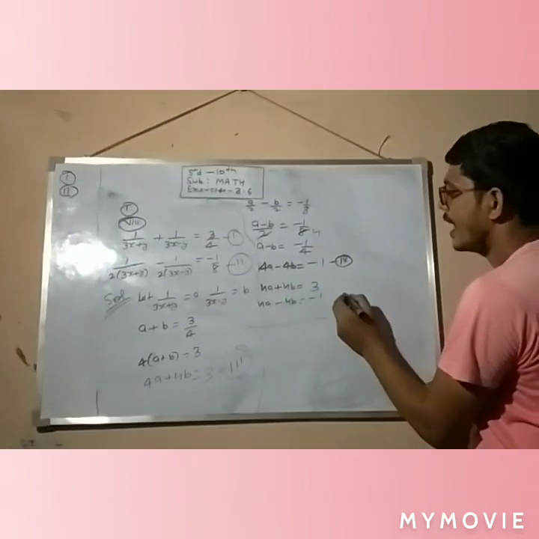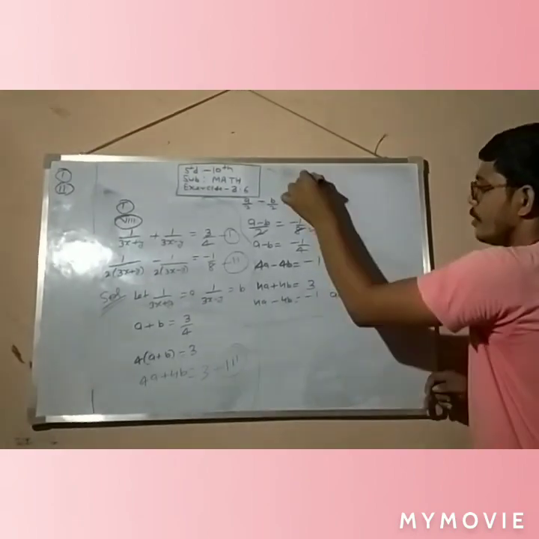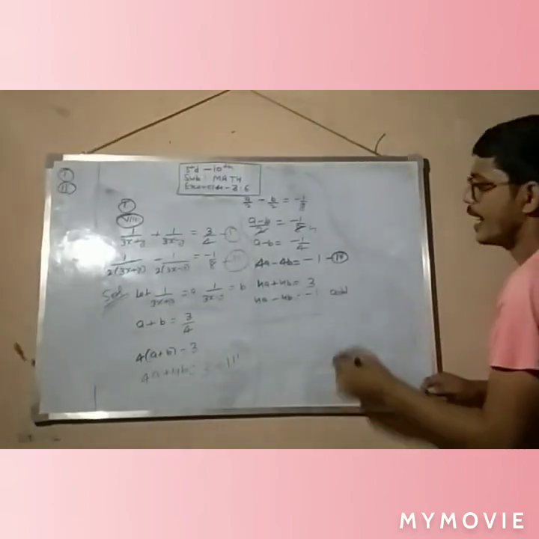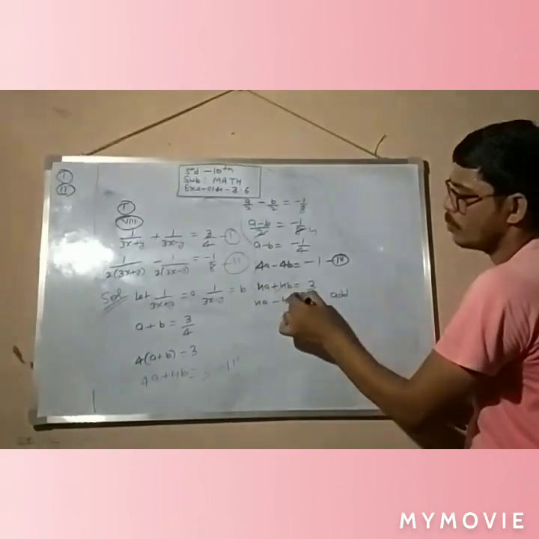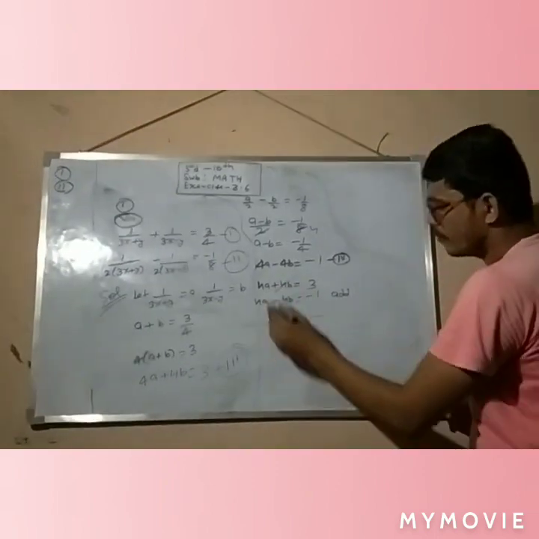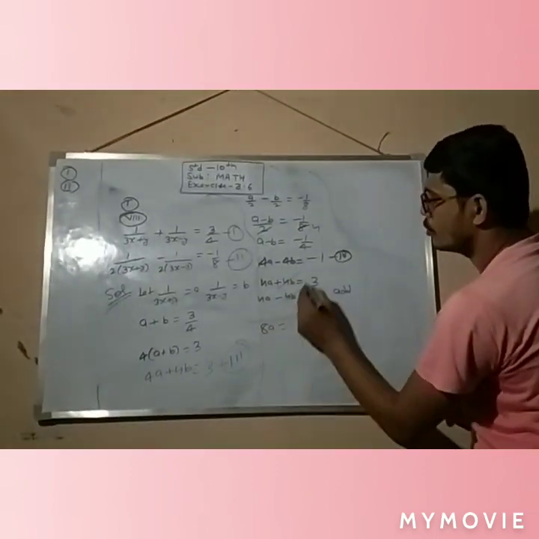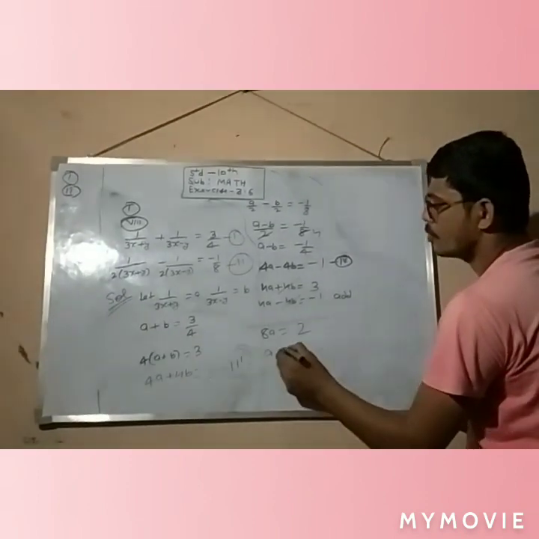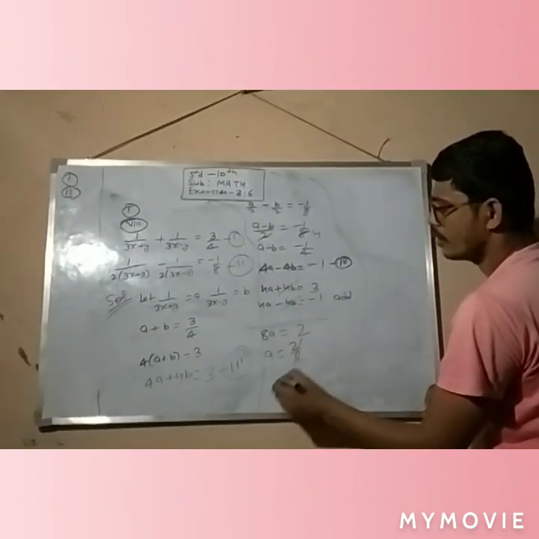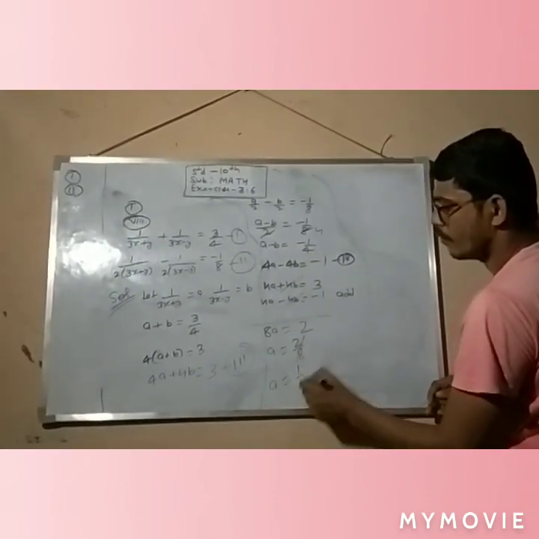Now add equations 3 and 4. Adding equations 3 and 4, the +4b and -4b cancel. 4 + 4 is 8a, which is equal to 3 minus 1, that is 2. a is equal to 2 upon 8. Now a is equal to 1 by 4.